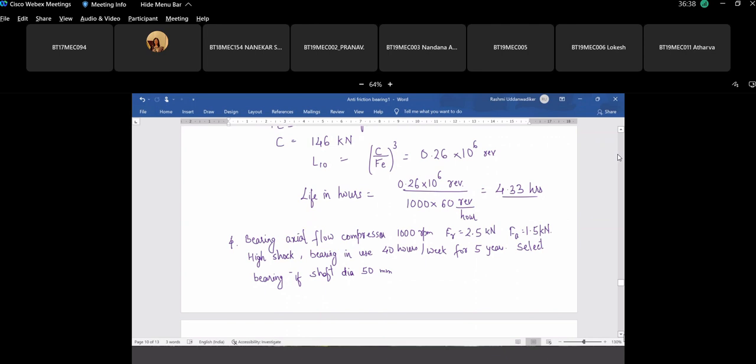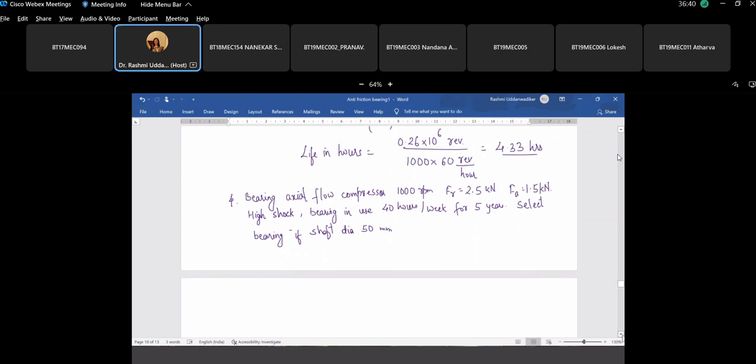We have tried for deep groove ball bearing. We have solved the problem for self-aligning bearing. Let us try angular contact ball bearing. We have to select one particular bearing. We'll see what is the load carrying capacity, and for this shaft diameter whether this fits in, otherwise we'll change.